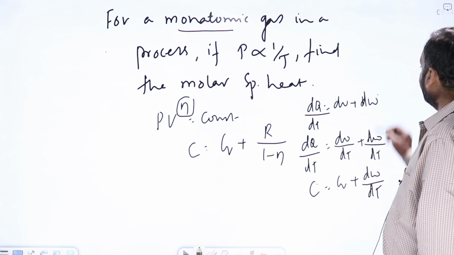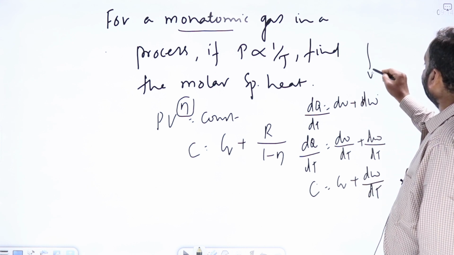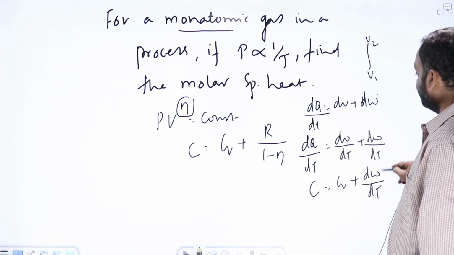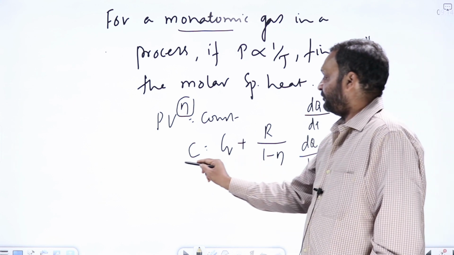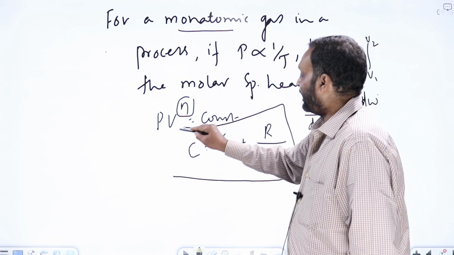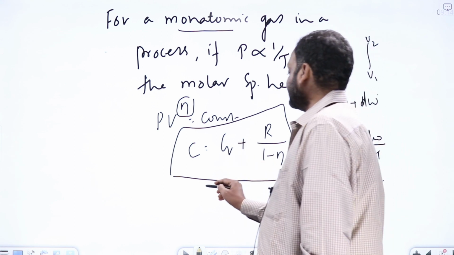For a volume change from initial volume V1 to final volume V2, if I calculate dW and estimate dW by dT, we will get the final formula as molar specific heat C equal to Cv plus R by 1 minus n.